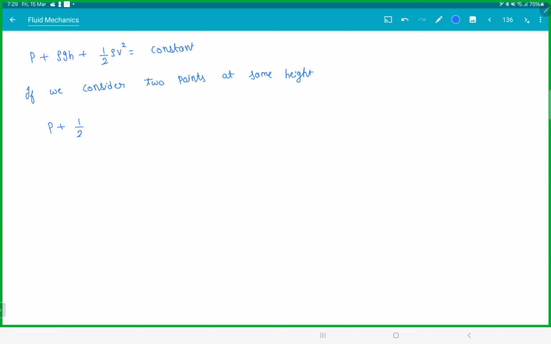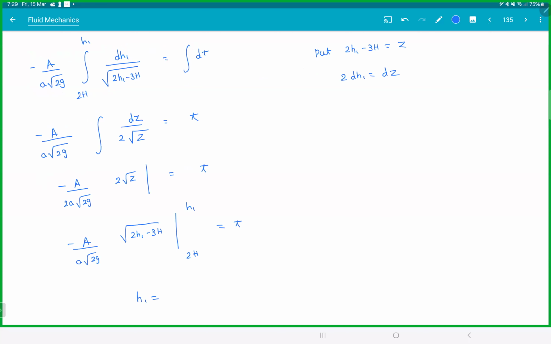You get P plus half rho V square is equal to constant. You'll see something interesting there. This implies if V increases, P decreases. Now don't get confused here. What this means is, there, have a look at this.